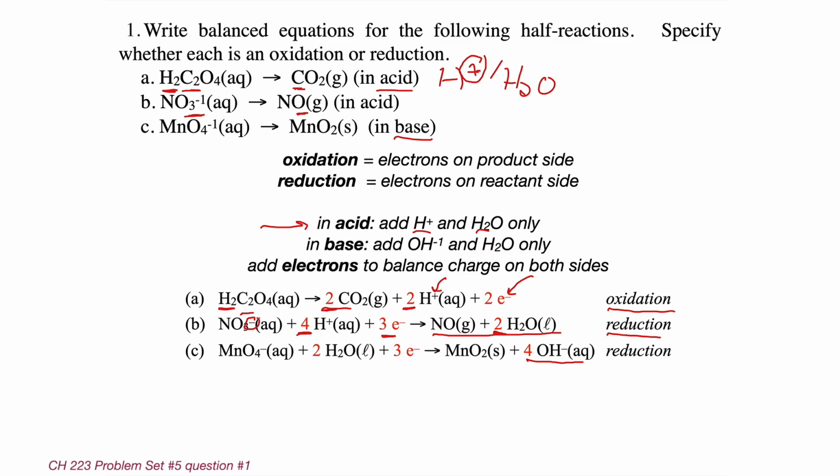And when you play back and forth, then you're going to have 2 waters. And to balance the 4 hydroxides on the product side, where there's only 1 -1 right here, you're going to have 3 electrons. I recommend that you practice balancing base reactions just to make sure you're cool with it, and you'll be good to go for the stuff coming up. And that's a reduction as well, by the way.